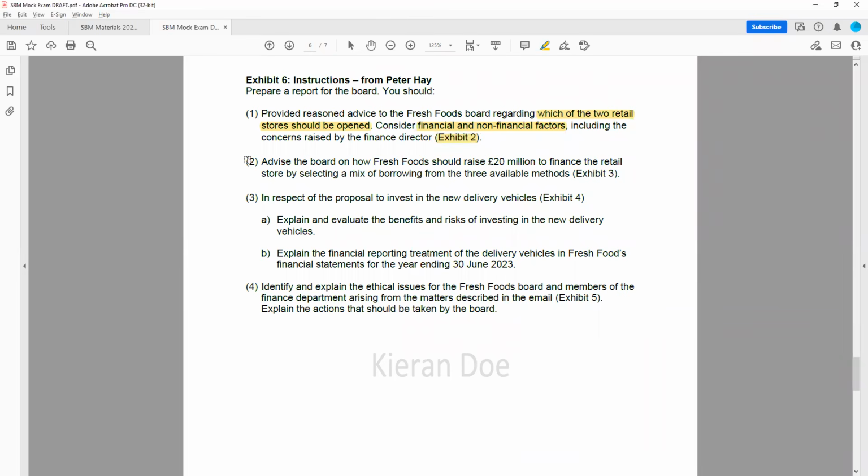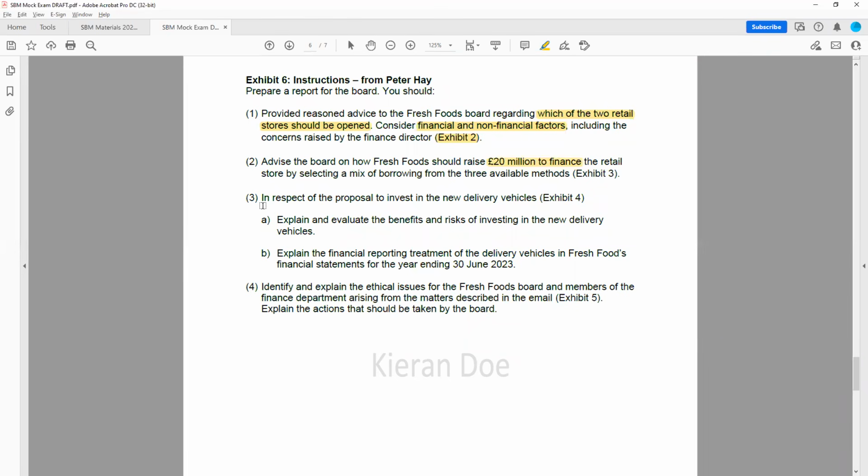Then for the next requirement, we've got advise the board on how Fresh Foods should raise 20 million to finance the retail store by selecting a mix of borrowing from the 3 available methods. So that's more of a financial management financing type question, whereas this is more of a project appraisal, possibly investment appraisal type question with some business strategy considerations here with those financial and non-financial factors.